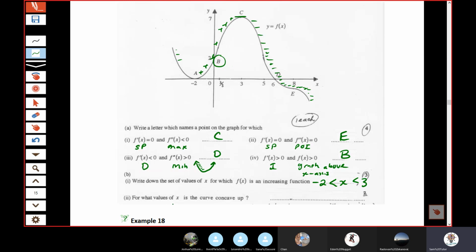For what values, plural, that's how you know there's a lot of numbers. For what values of x is the curve concave up? Again, concave up meaning this thing. It's concave up. Okay. Sorry?